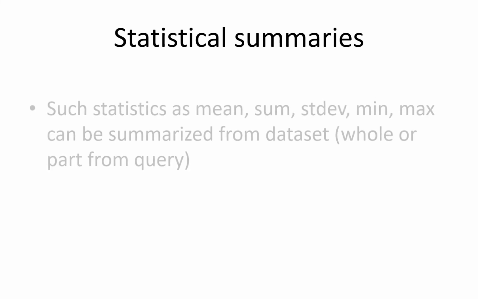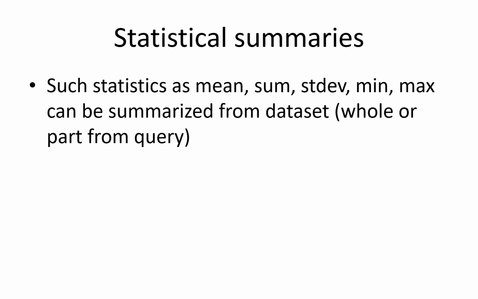Associated with GIS data analysis are the statistical summaries. We are saying that the data within the GIS can be analyzed to get us the summaries, to get us the information. Now, such statistics as the mean, the sum, the standard deviation, etc., can be summarized from the entire GIS data set, or part of the data set from the query.